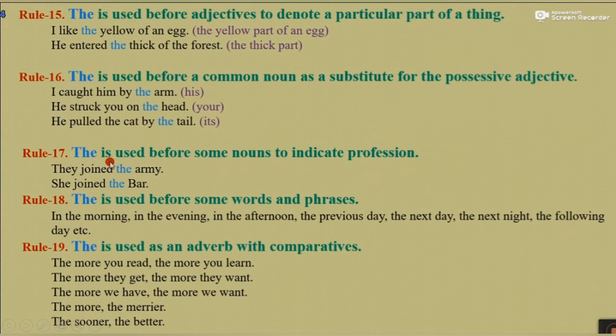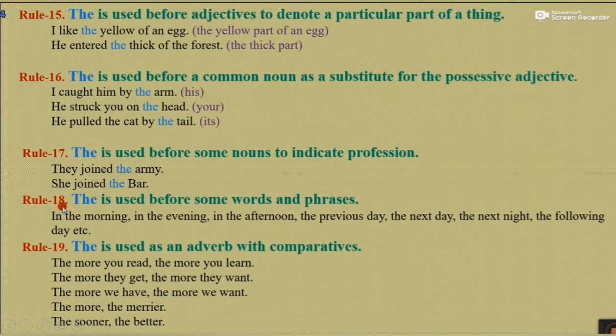Rule number 17. The is used before some nouns to indicate profession. They joined the army. She joined the bar. Here army and bar are professions, so the is used before them.